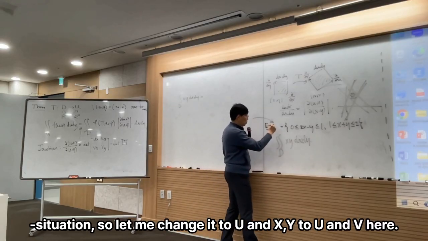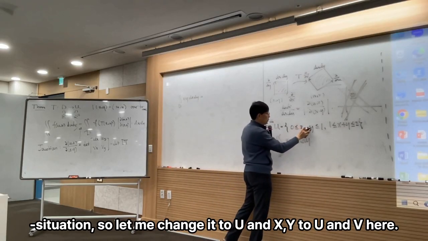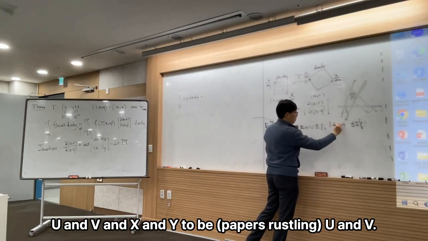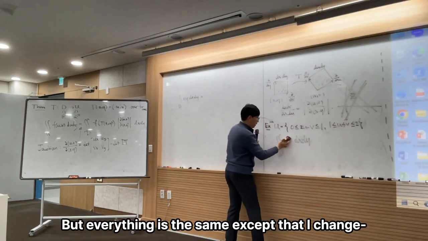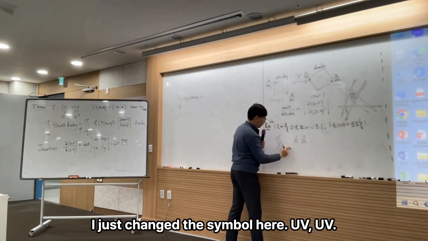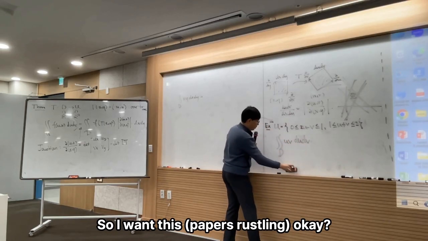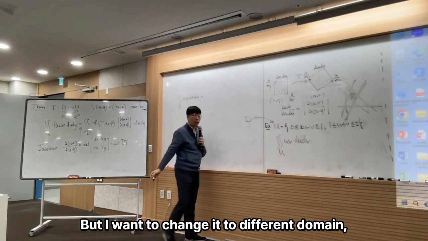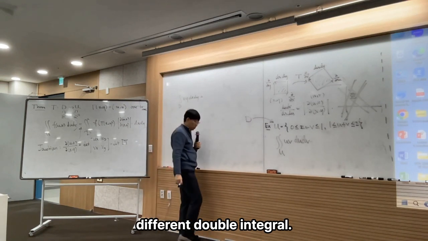So let me change it to U, and xy to u and v here. Everything is the same except that I just changed the symbols. So I want this. But I want to change it to a different domain, a different double integral.